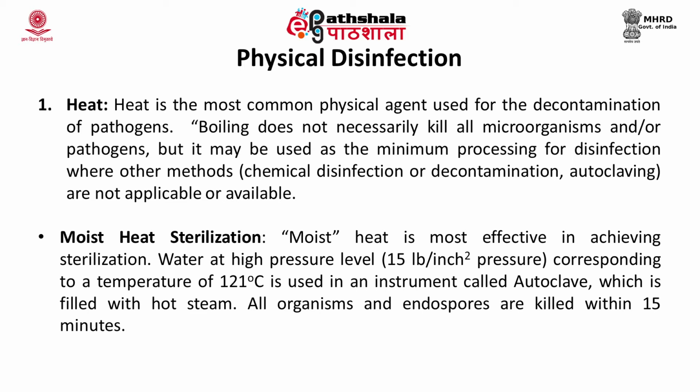All the organisms and endospores are killed within 15 minutes. The temperature of the steam in this method is lower when compared to dry heat sterilization, but the high pressure helps the effective sterilization to take place.